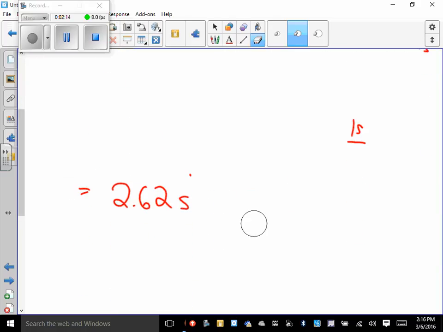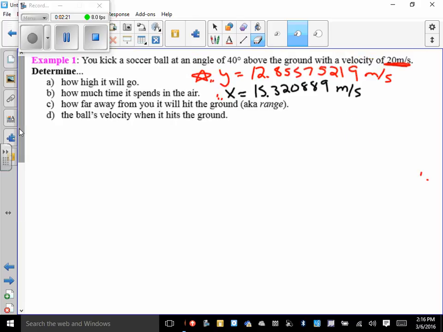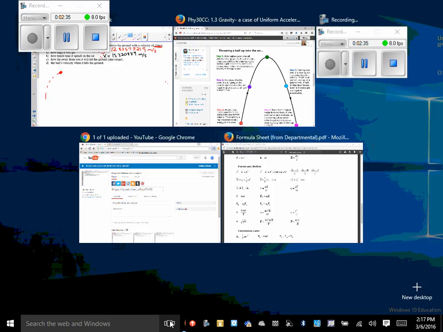Okay, method 2. We're going to calculate the time it takes to get to the halfway point. So the ball goes up halfway. A couple of things we know about that halfway point: its velocity at the very top is 0.